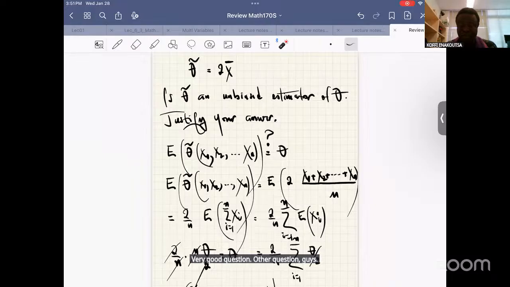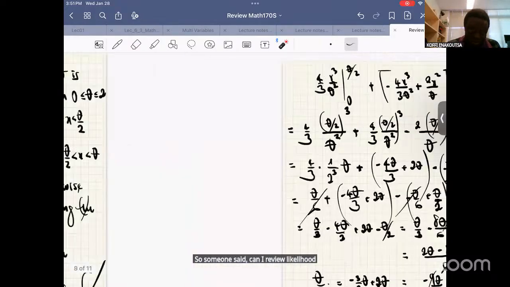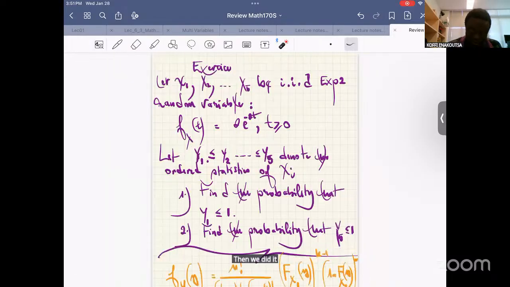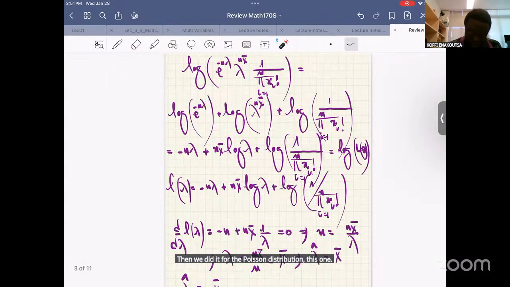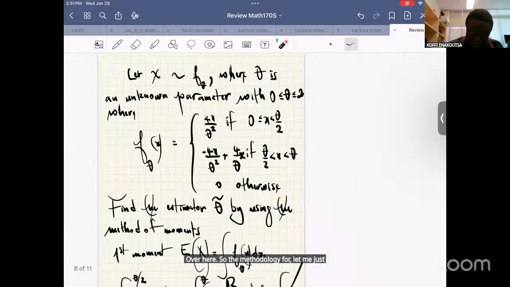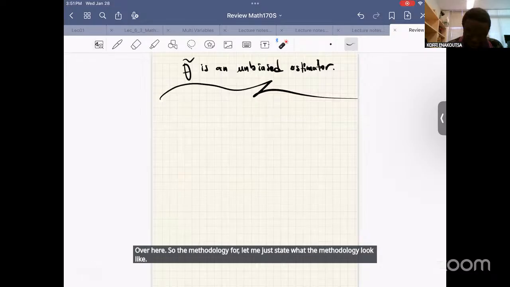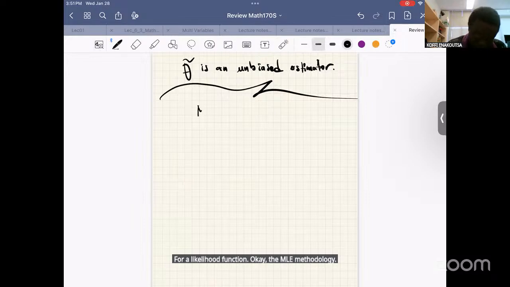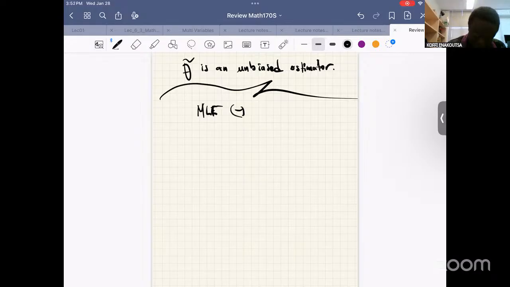So someone said, can I review likelihood? Yes, I did. If you watched the video back then, we did it for the Poisson distribution. Let me just state what the methodology looks like for a likelihood function, the MLE methodology. It consists first of writing the likelihood function L of theta.